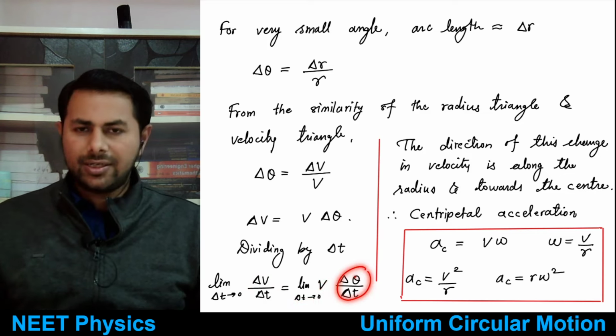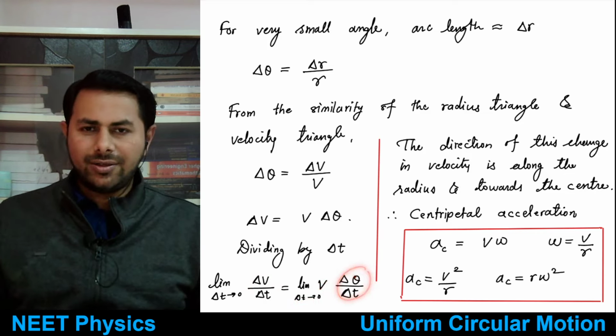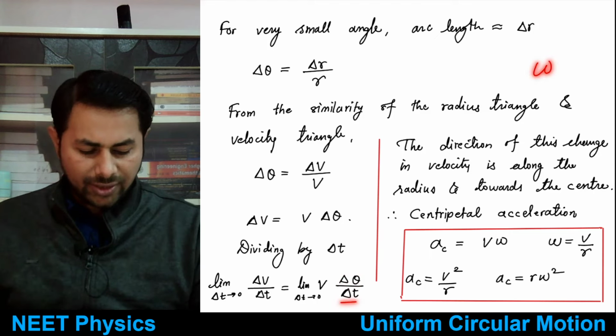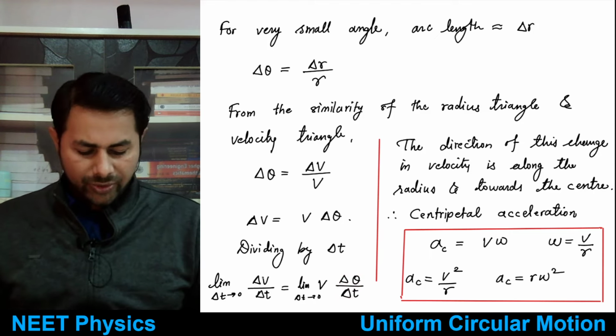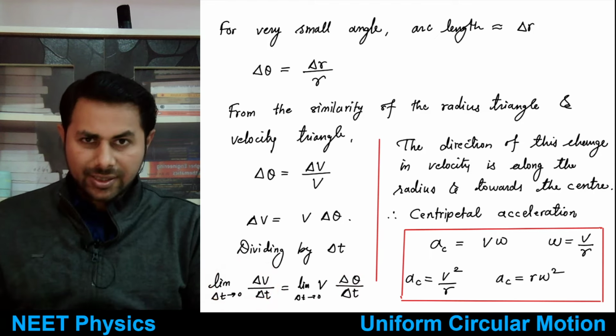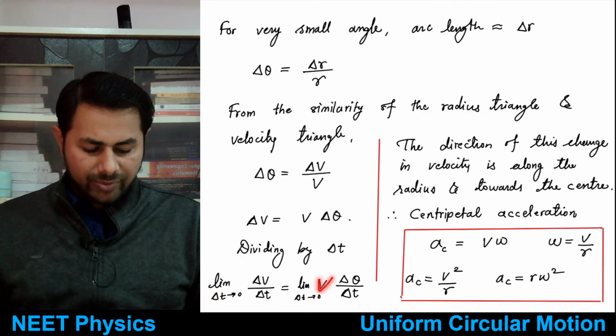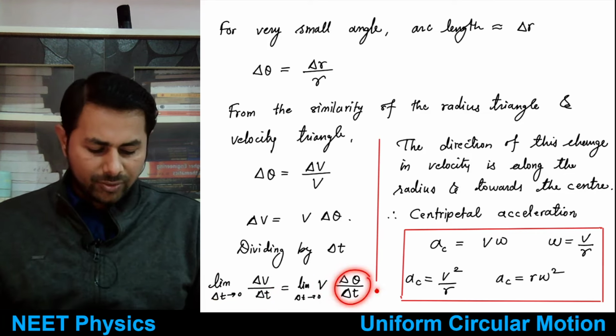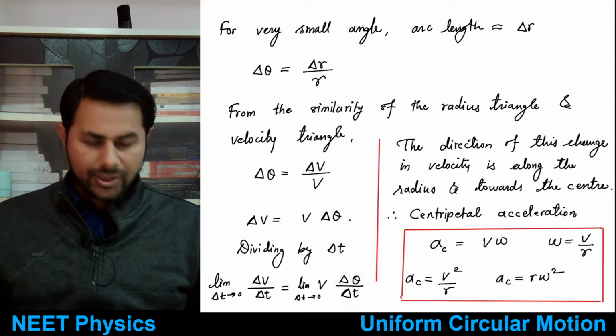What is delta theta by delta t? It is omega, the change in angular displacement divided by time. So delta v by delta t, which is acceleration, is equal to v multiplied by omega.